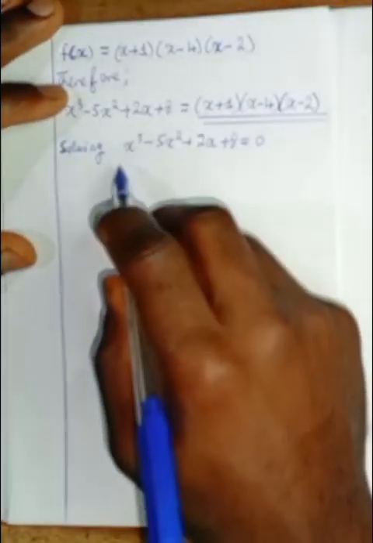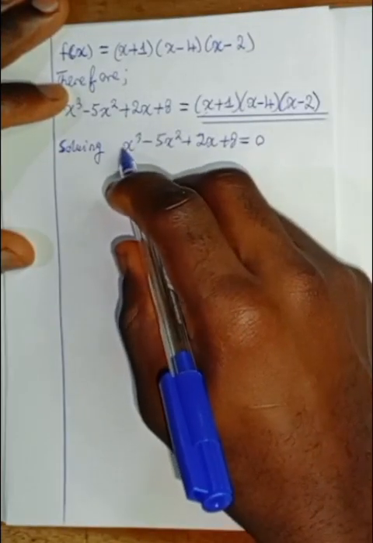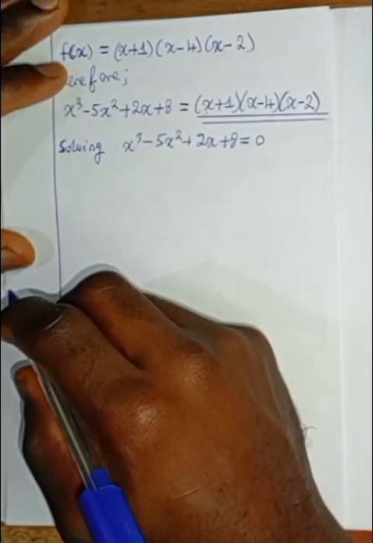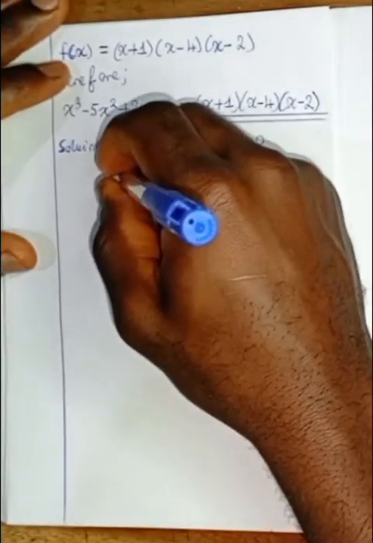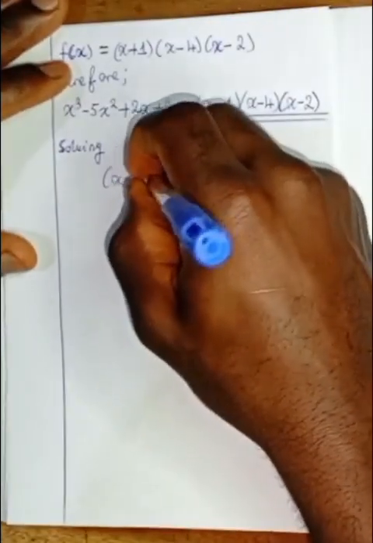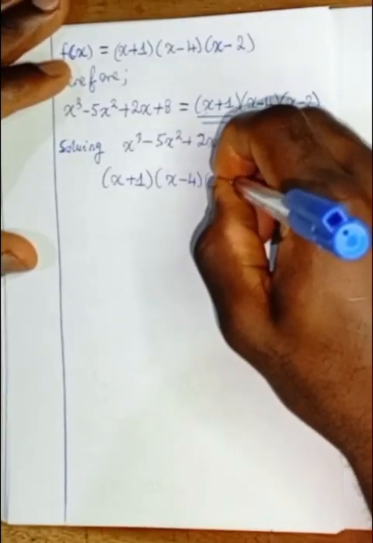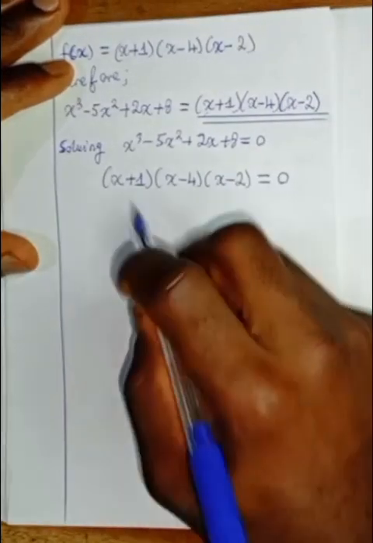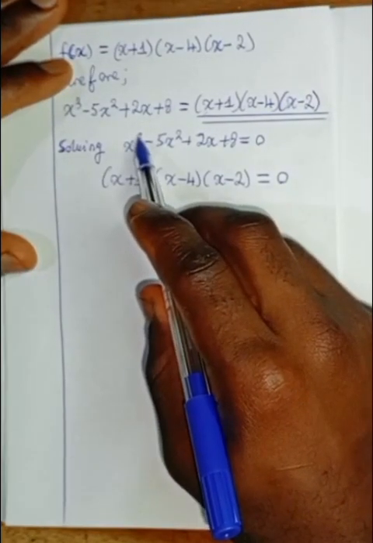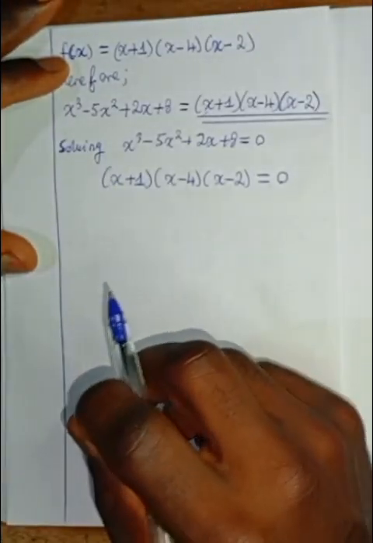For us to solve this equation, we are simply going to replace the polynomial x cubed minus 5x squared plus 2x plus 8 by its factorization, which is x plus 1 times x minus 4 times x minus 2. So this will be equal to 0. This polynomial is of degree 3. It therefore means we are going to obtain 3 solutions.